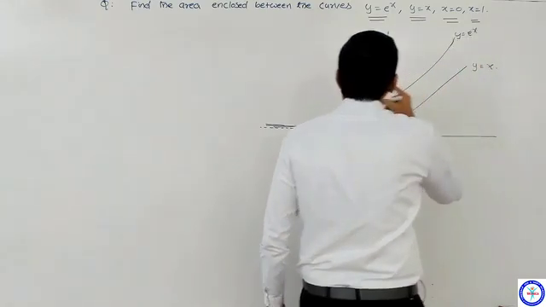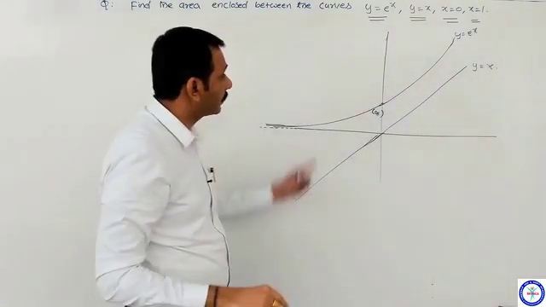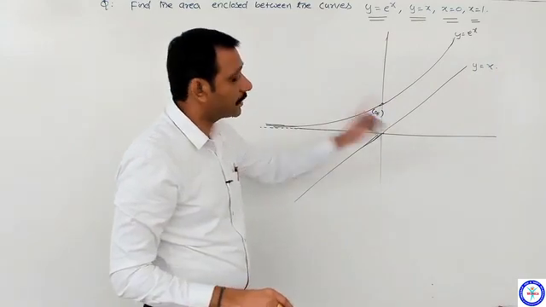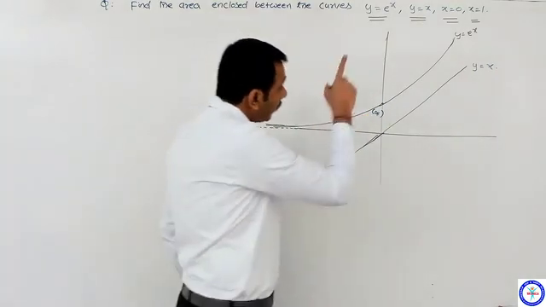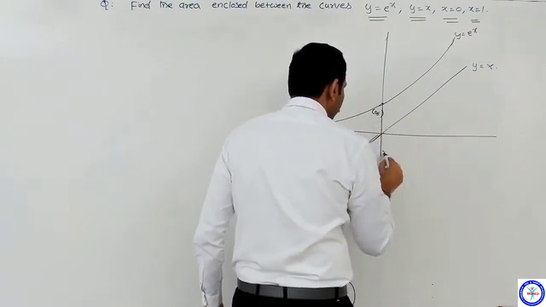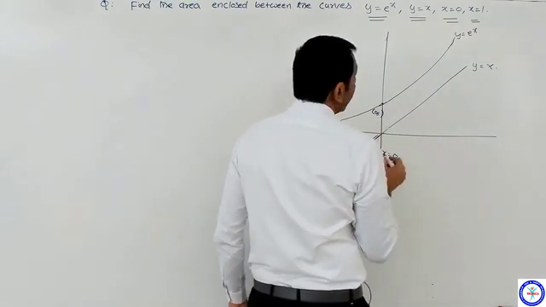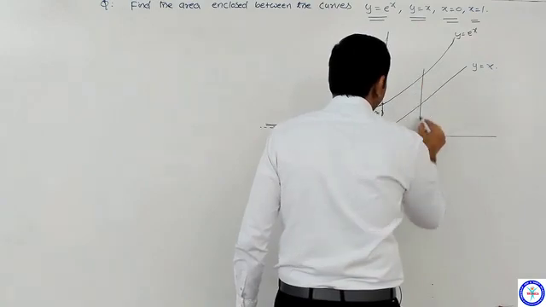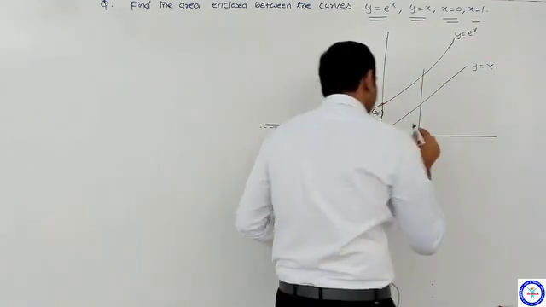They are asking the area between the curves y equal to e power x, y equal to x, and the lines x equal to 0 and x equal to 1. Somewhere I will take x equal to 1.